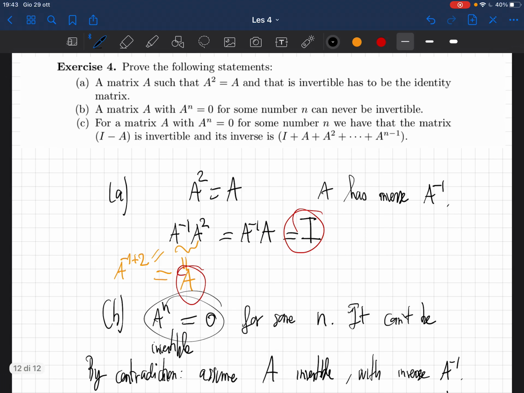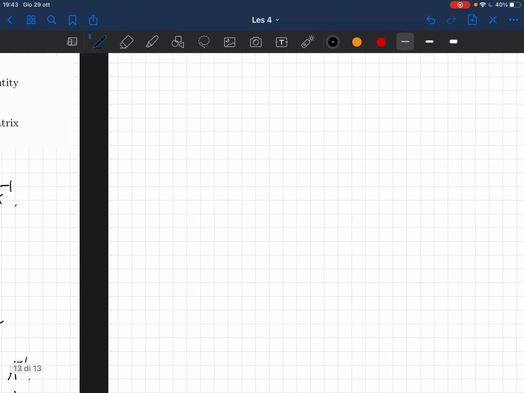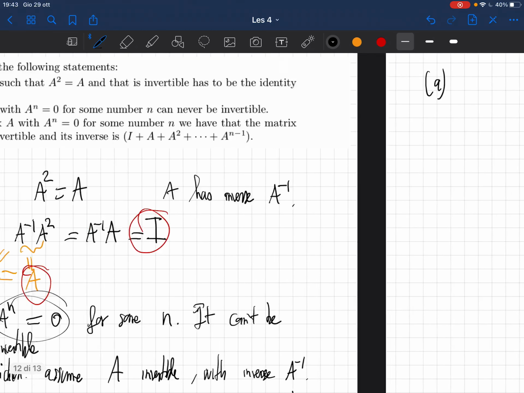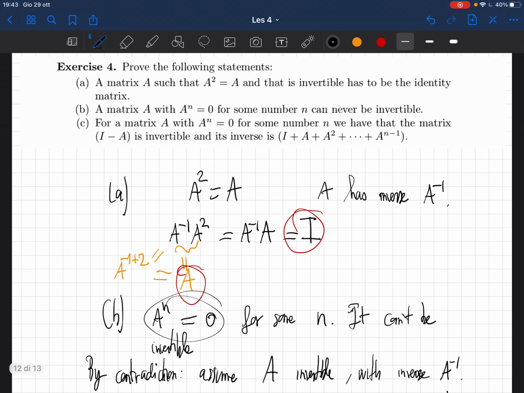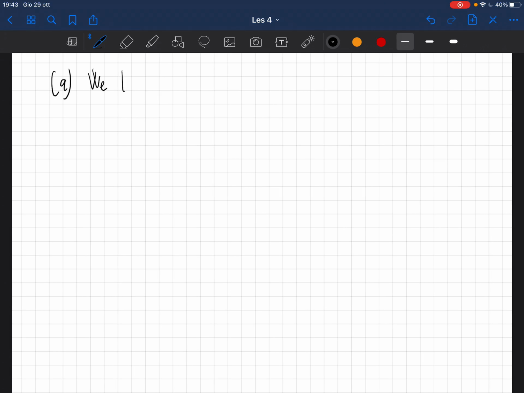So the last one is now proving stuff. So now it's really writing a proof. So A is invertible.